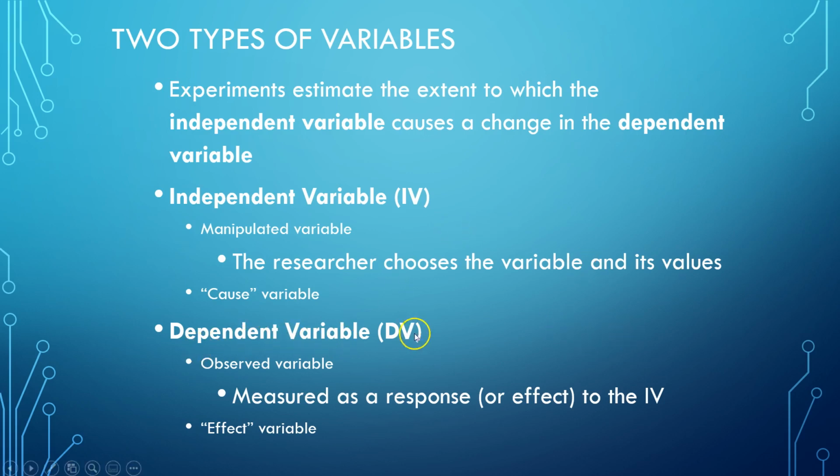The dependent variable, or the DV, is the observed variable or the measured variable. We measure it as a response or as an effect of the independent variable. So again, in a cause and effect relationship, the dependent variable is the effect. In this case of sleep and test scores, my dependent variable is test scores, right?